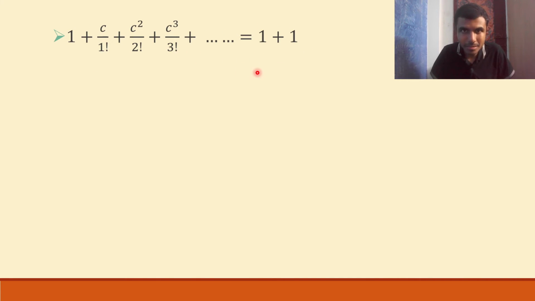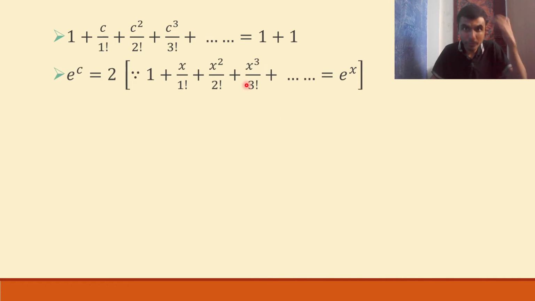From the Taylor series, we get 1 plus x by 1 factorial plus x square by 2 factorial plus x cube by 3 factorial plus and so on is nothing but e^x. You can just put 3 dots, I put 6 dots. So this is exactly like that: 1 plus c by 1 factorial plus c square by 2 factorial plus c cube by 3 factorial goes on and on.